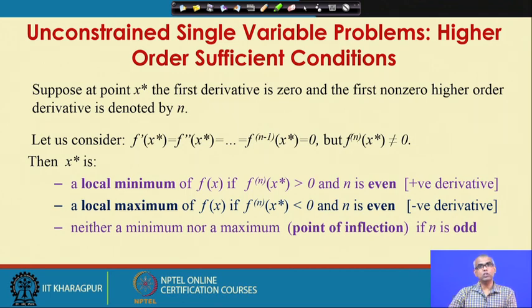We are talking about a situation where df dx equal to 0, the first order necessary condition. Second, d square f dx square is also 0. So, we are talking about a stationary point at x star. Definitely at x star df dx equal to 0. If the second derivative is greater than 0 or less than 0, we are sure sufficient conditions are met and we can say it is minimum or maximum.